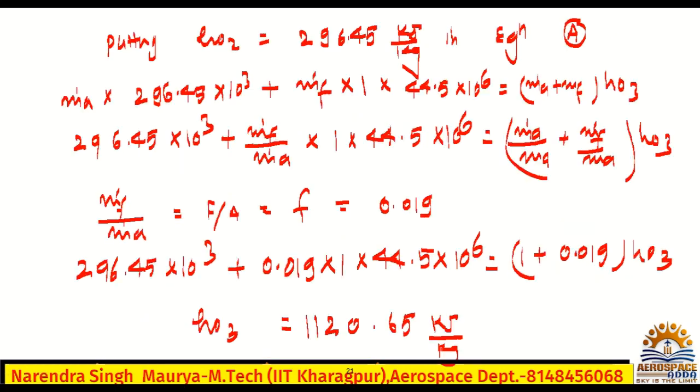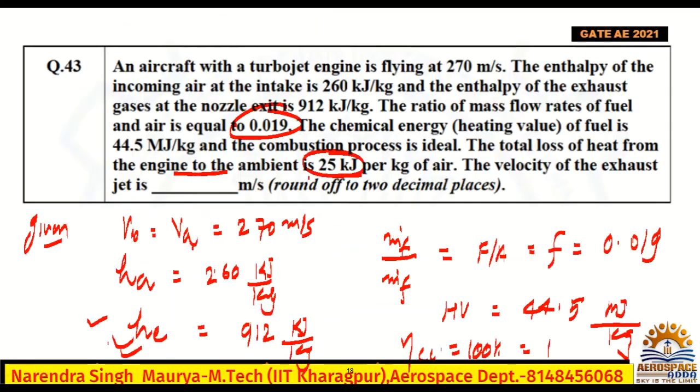This is the answer. Yes or no? So we'll keep here, this value is 606, rounded off, 0.065 it is given. This is the answer, 606.